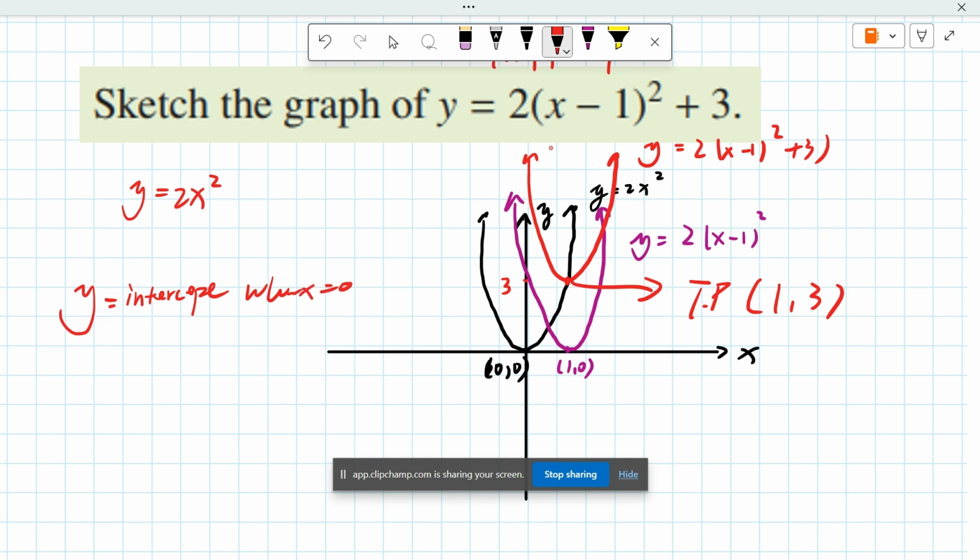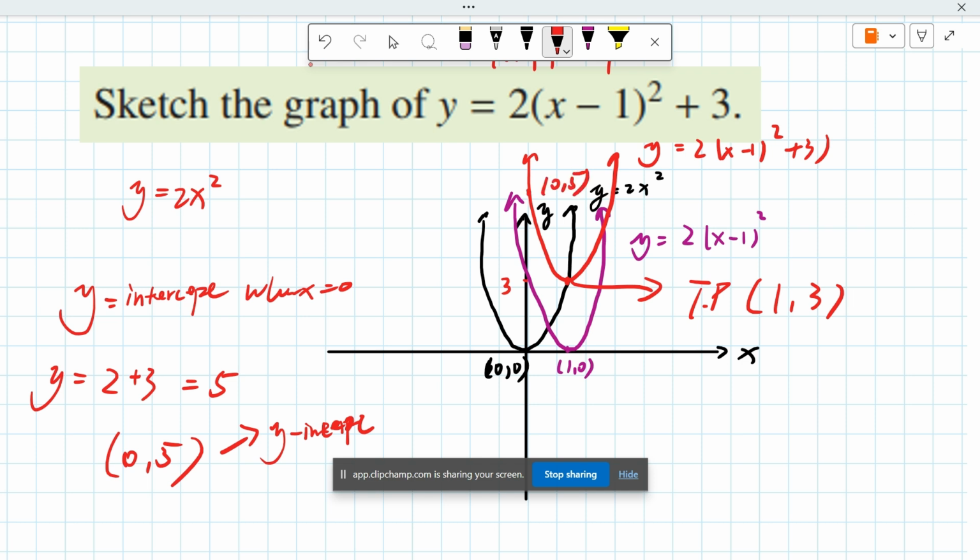So y equal to 2 plus 3, which is equal to 5. So 0, 5 is your y-intercept, where it crosses the y-axis.